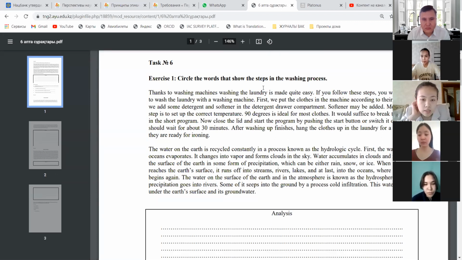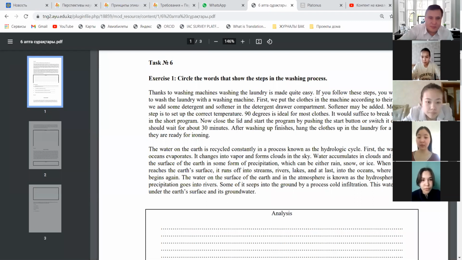And we see in this story enumeration like that: it runs off into streams, rivers, lakes, and finally into the ocean, and in conjunction. Which can be either rain, snow, or ice, also is an enumeration. Yes. Okay, thanks a lot.